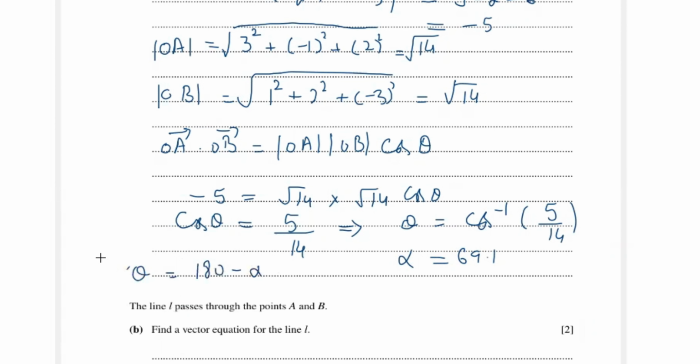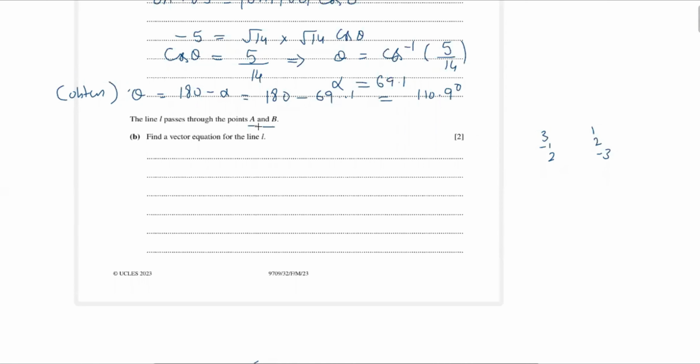This is the obtuse angle value. Therefore, that value will be equal to 180 minus 69.1, and that is equal to 110.9 degrees.